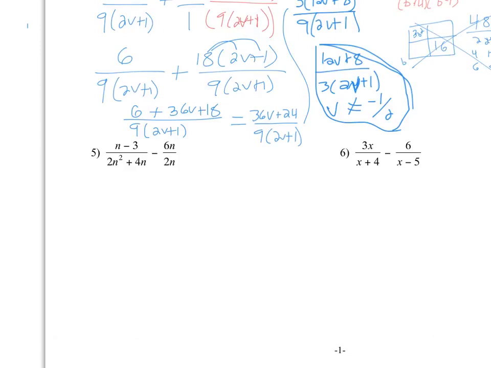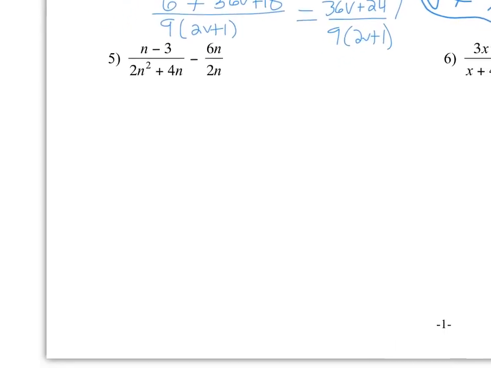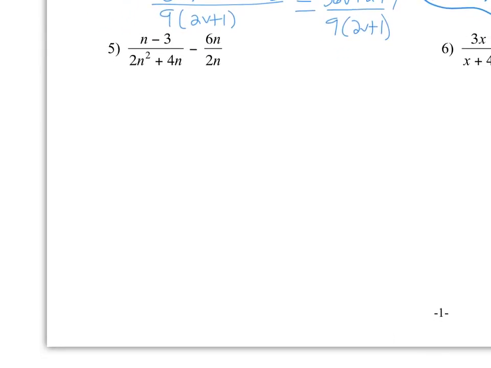Subtraction is awfully similar to multiplication. I'm going to look here at number 5, and I notice straight off the bat that this denominator has a common factor of 2n, because this one is 2n squared, and 4 can be divided by 2, and n is in it as well. So I'm going to start factoring that, and I like to do that because then I can start to see all of the things that are going to come out.